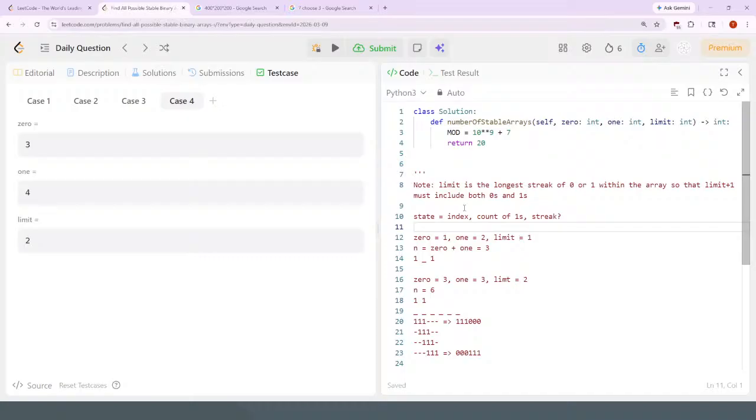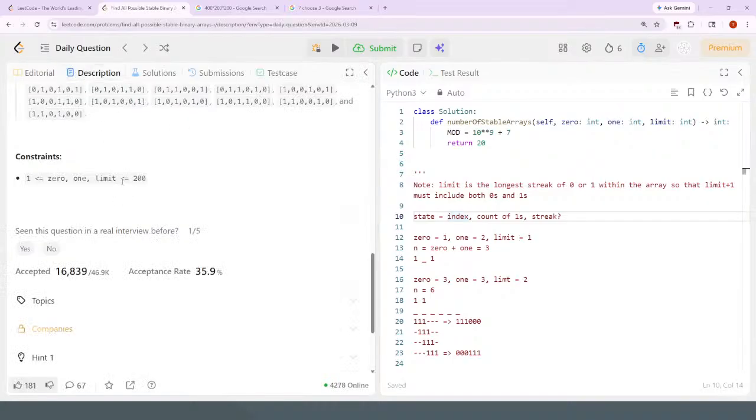And then every state transitions to another state. So in this case, it's going to be like 400 by 200 by 200, since this can be at most 400 indices.